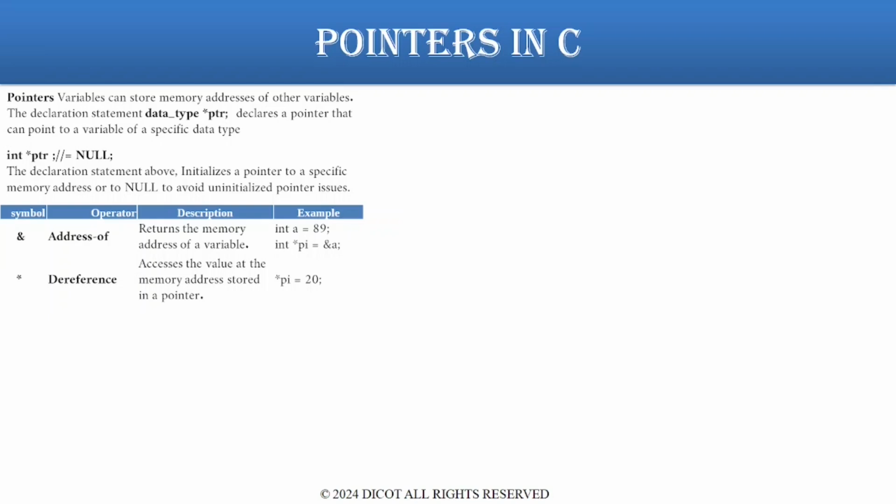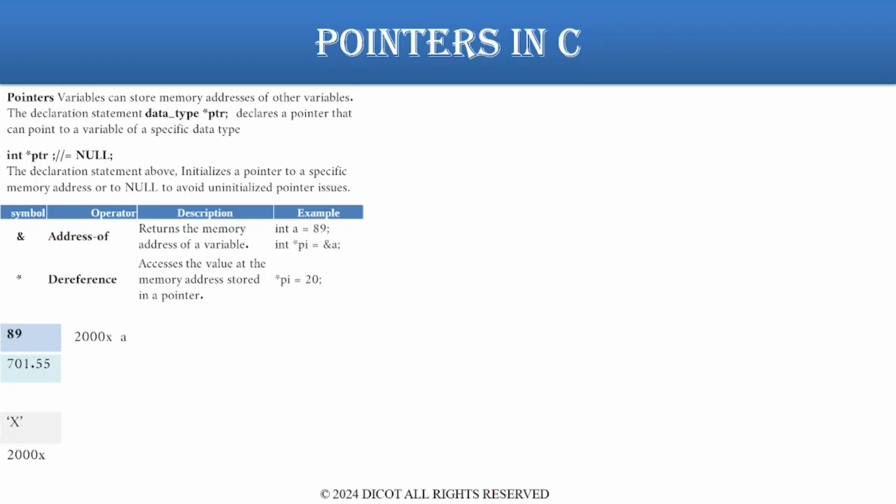Dereference operator star is used to access the value at the memory address stored in a pointer. Example, star pi assign 20. If pi holds the address of A, 89 will get modified to 20. Here, A represents the value stored in the memory location assigned to A, whereas ampersand A represents the address of the memory location.